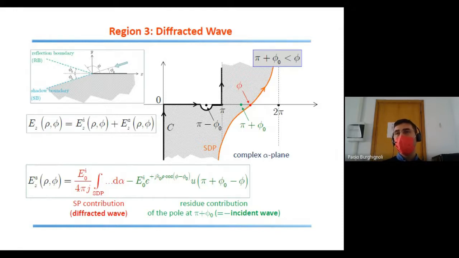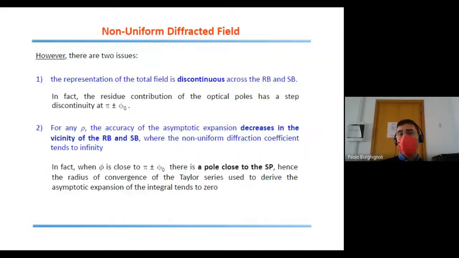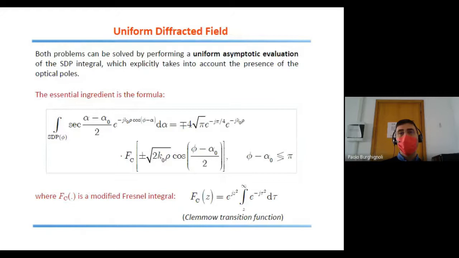So explicitly, there is a pole, or there may be a pole close to your saddle point, and that is the idea behind the uniform asymptotic evaluation of diffraction integrals.